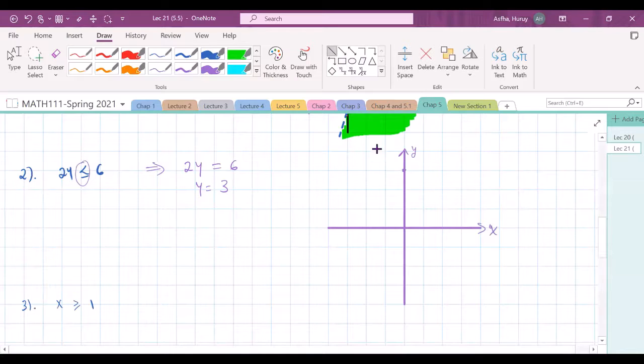Therefore, we put a straight line here. This is y = 3. And now the question is, which side is the solution now? Is it the lower side or the upper side? Because this is a horizontal line now.